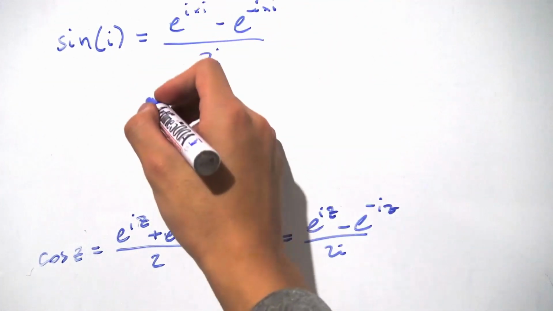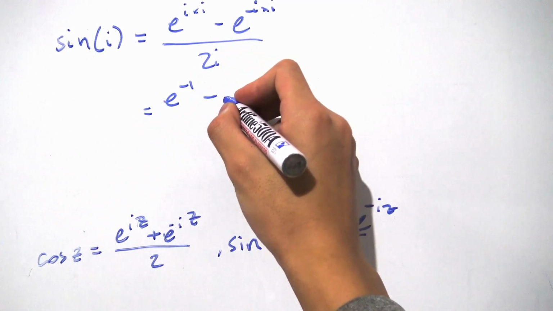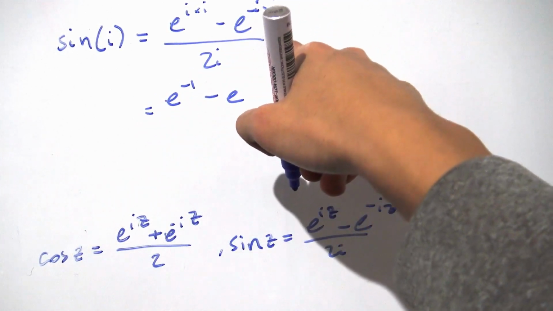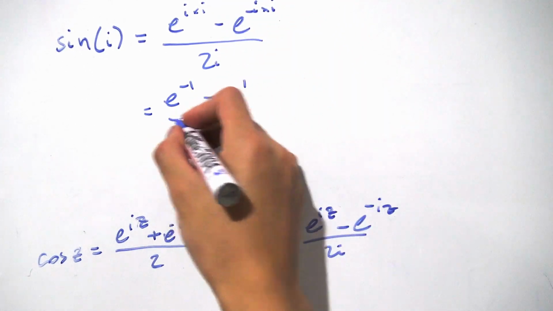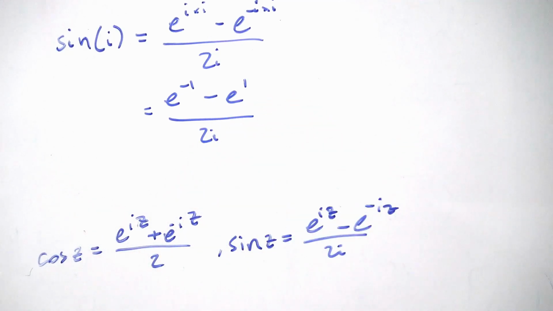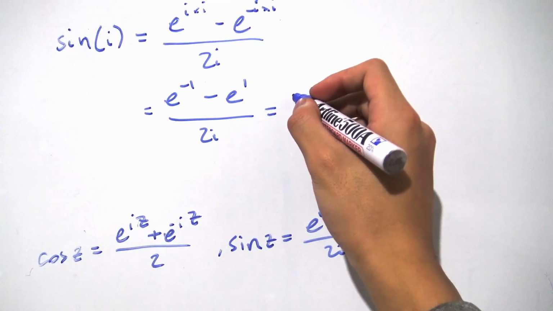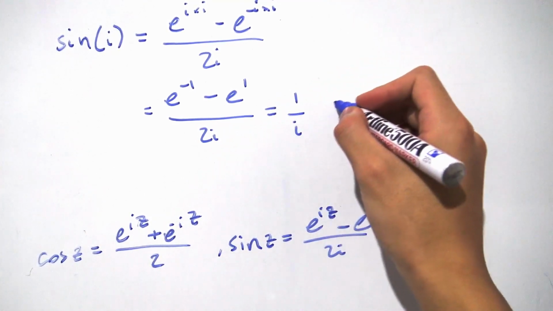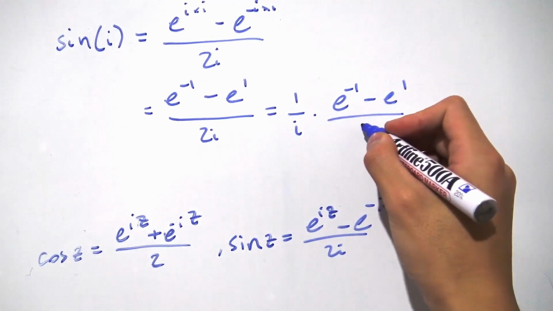And just combining these i's up here, we're going to get e to the negative 1 minus e. i times i is exactly negative 1, but we have this negative right here, so we have e to the first power over 2i. And you can leave your answer like this, or you can go further and say that this is exactly 1 over i times e to the negative 1 minus e to the 1 over 2.